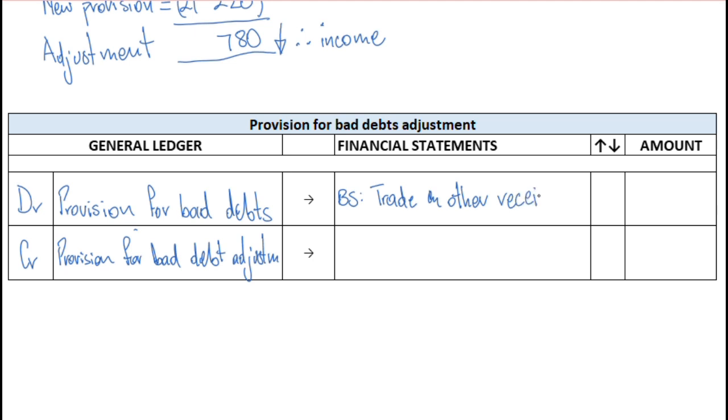Because the provision for bad debts is decreasing and it is a negative asset, we are going to increase trade and other receivables by 780 rands because the negative asset is being reduced. So it means our net debtors are increasing.